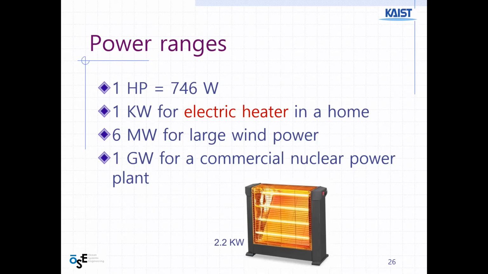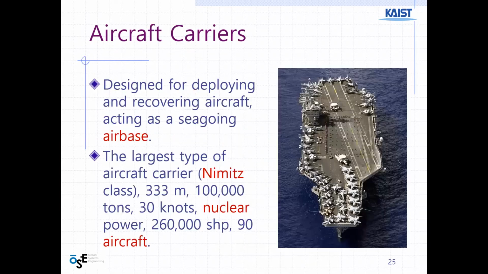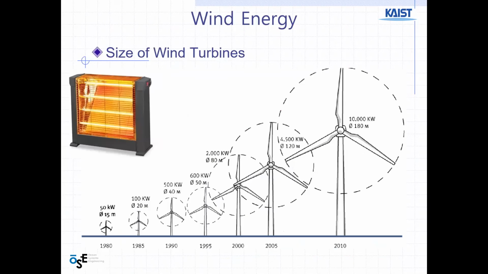So you may say that the smallest 1980 wind power system can operate about 20 electrical heaters like this at home, right?